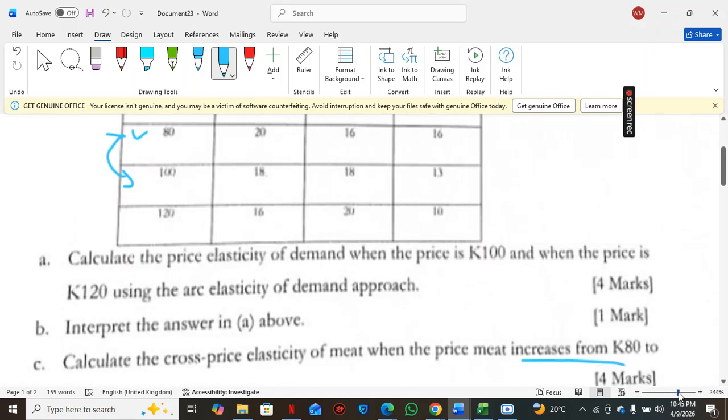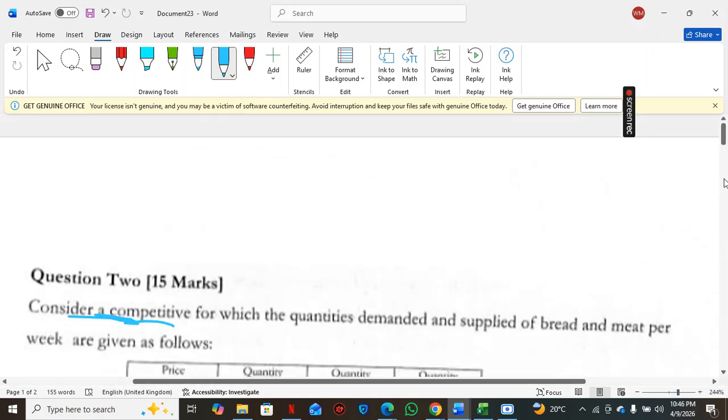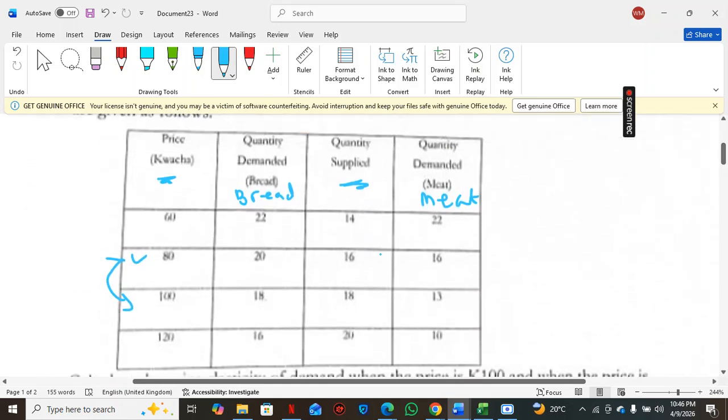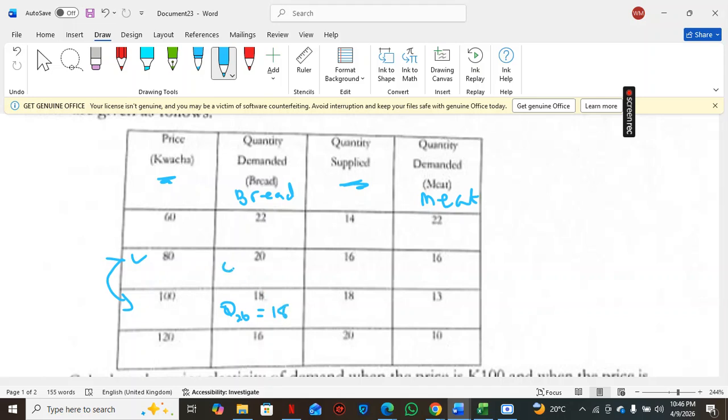So our Q2B, the new quantity of bread, is 18. Our old quantity of bread, Q1B, is 20.